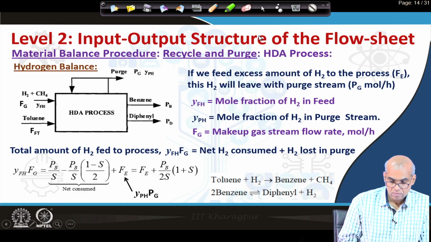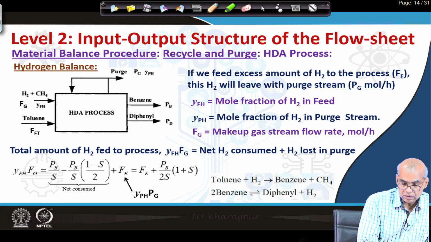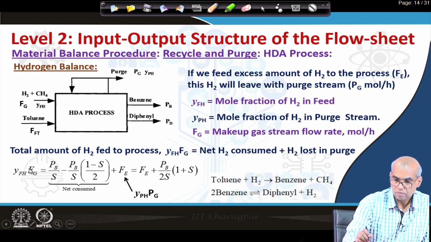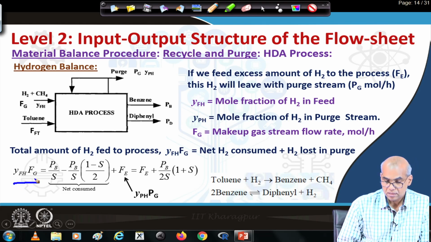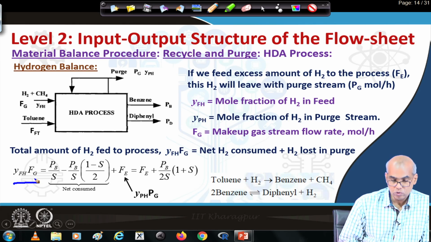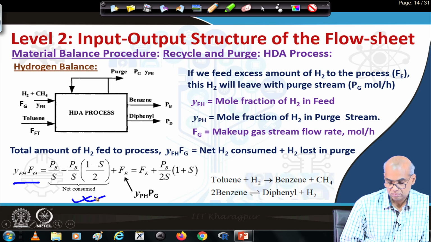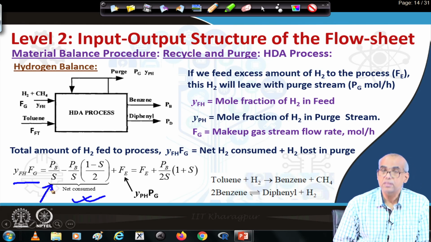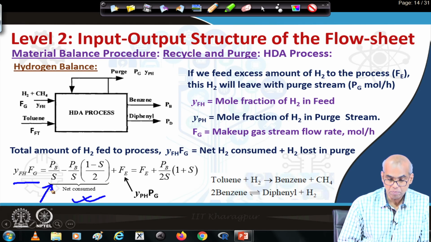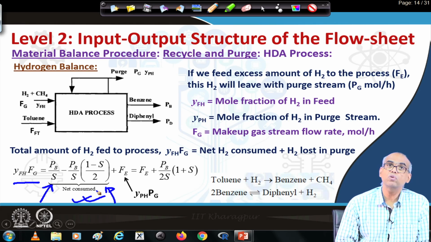So, we can write Yfh into Fg, which is the total amount of hydrogen fed to the process, is equal to the net consumed Pb by S, this is required in the process, minus this is produced, the same amount as diphenyl.